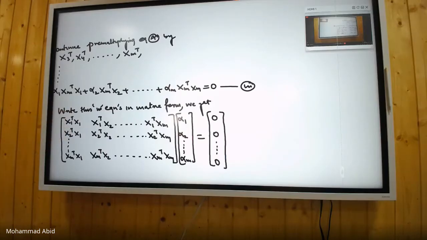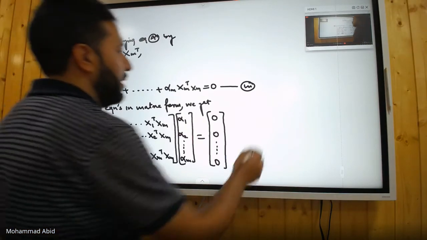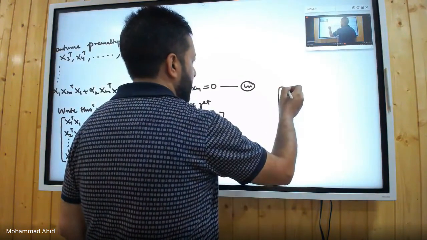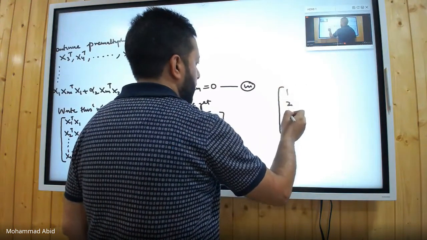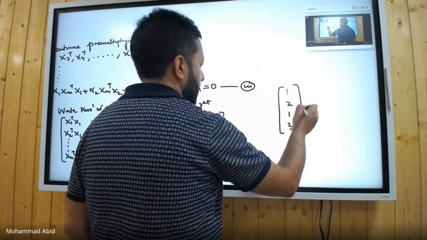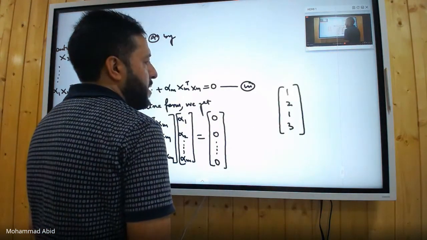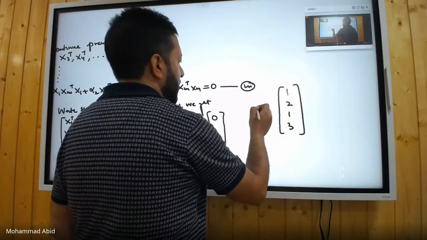Now, does this x1 transpose x1 remind you of something? If you have a vector, let's say 1, 2, 1, 3, let me call it x1.